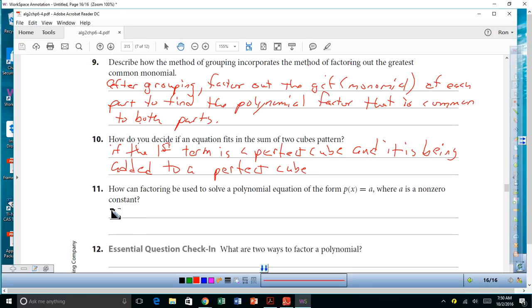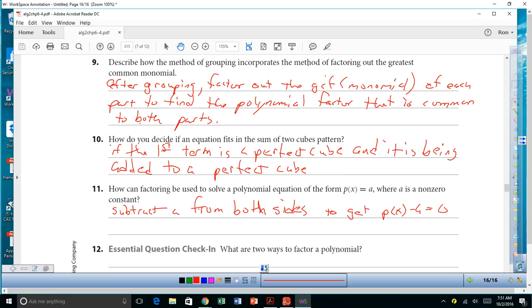Well, subtract a from both sides to get p of x minus a equals 0.